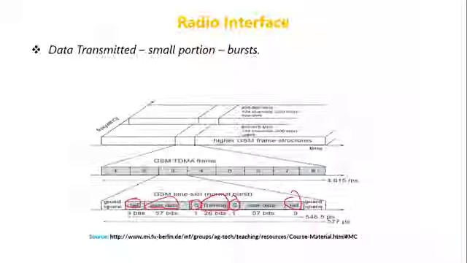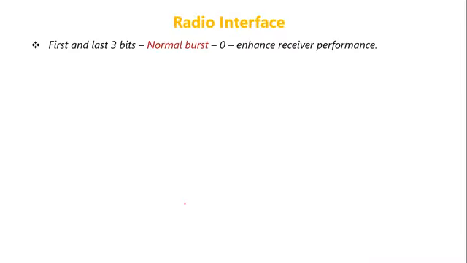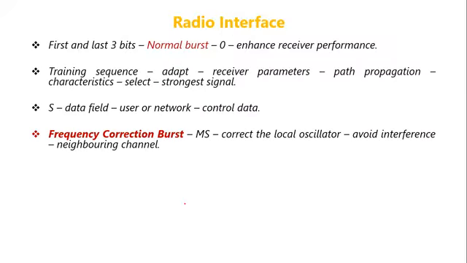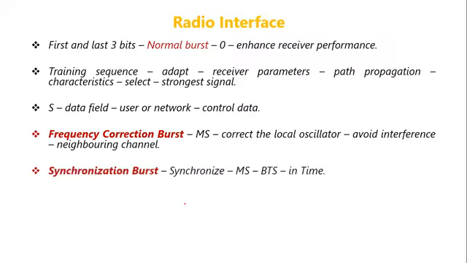And the normal burst defines four more bursts for data transmission. The first is called the frequency correction burst, which allows the MS to correct the local oscillator to avoid interference with the neighboring channels. So this frequency correction burst is basically to adjust the mobile station to the current frequency so that it can avoid interference from the neighboring channel.